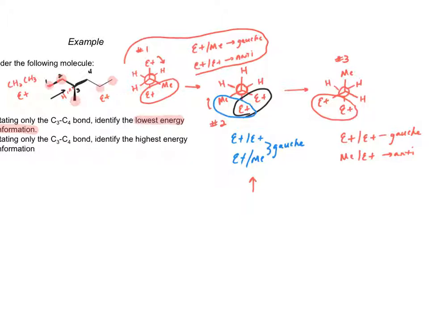Again, the more stuff gets added on, the larger the energy penalty. So who do you think is going to have a lower energy? Number 1 with that ethyl-ethyl in the anti position, or number 3 with that ethyl-ethyl in the gauche position? The lowest energy? Number 1. Yes. So again, we want the big groups to be as far away from one another as possible. In number 1, ethyl and ethyl are in the anti position.